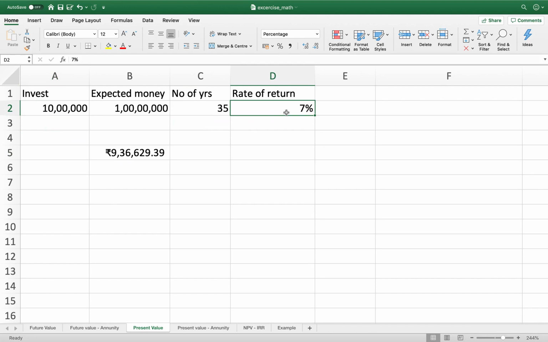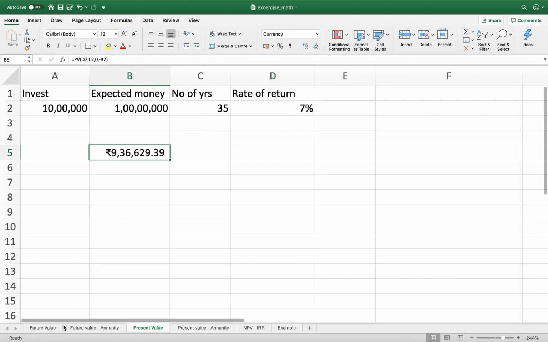So vice versa, you can also calculate the present value using the formula of PV, which is very similar to the future value. However, in most cases, you will need to calculate the future value, but in some cases, you have to calculate even the present value to compare it. Now, you learnt about one-time payment, then multiple interval payment, which we called annuity in future value.